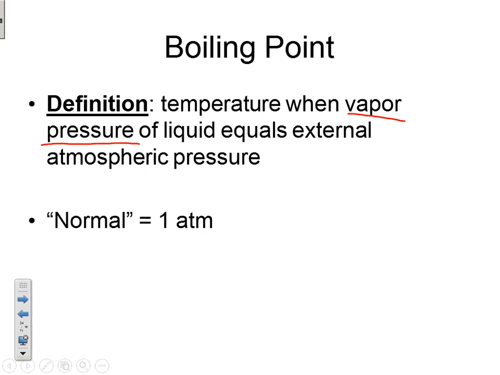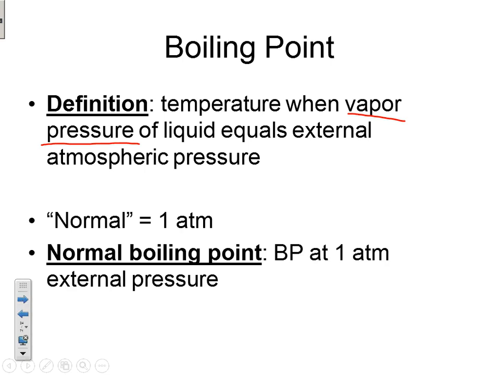So we do like to standardize things, though, in science. So we've called normal, quote unquote normal, 1 atmosphere. This term normal boiling point means the boiling point at 1 atmosphere external pressure.